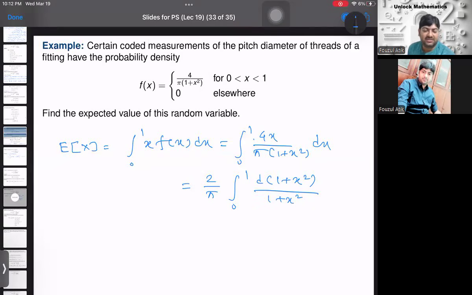It is of the dx by x type. So what is the integration formula? 2 by pi ln of (1 plus x square), with limits between 0 and 1. So if you put the limits, it is 2 by pi into ln 2 minus ln 1, which is 0. Therefore, the answer is 2 by pi ln 2.